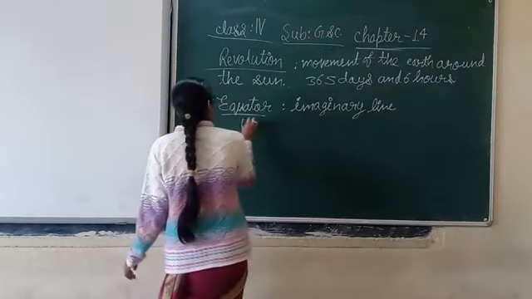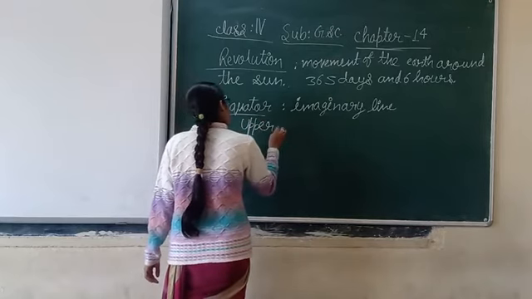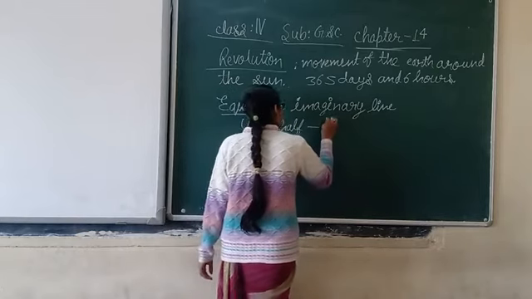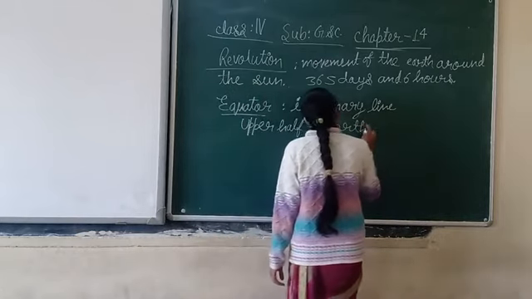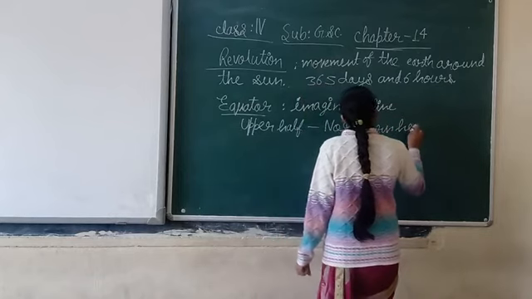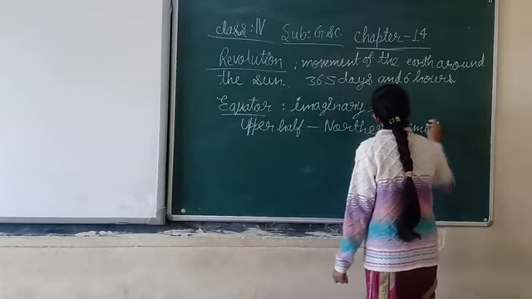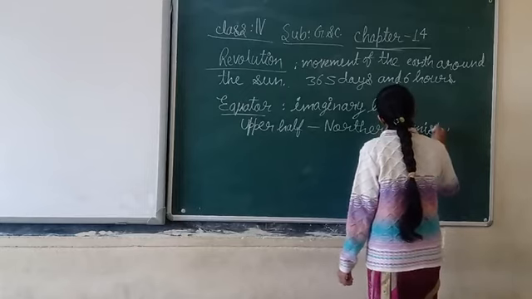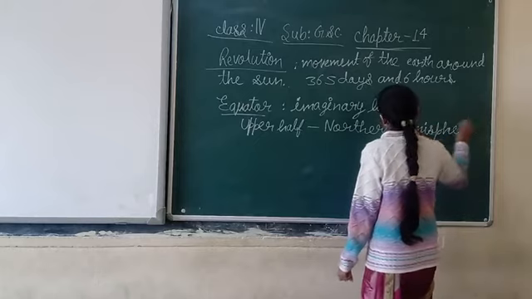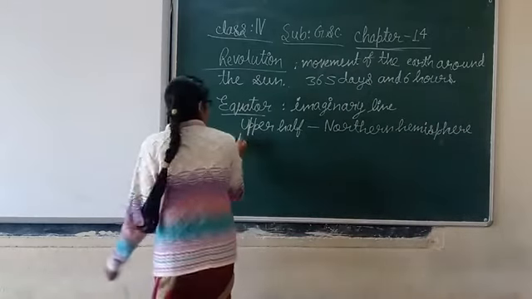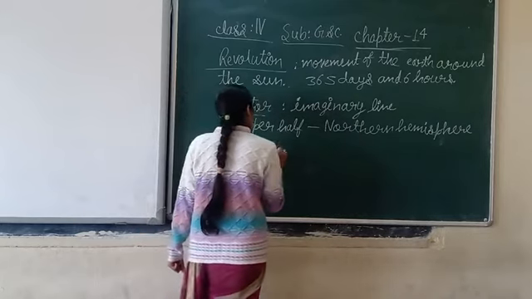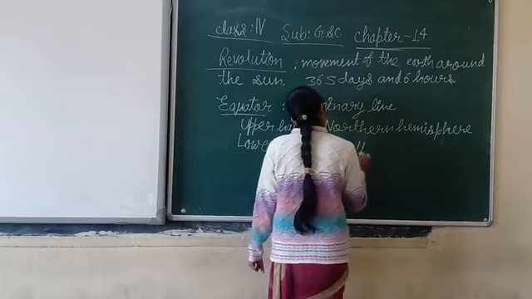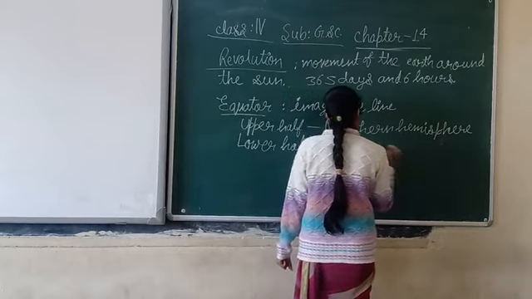The upper half is called the northern hemisphere, and the lower half is called the southern hemisphere.